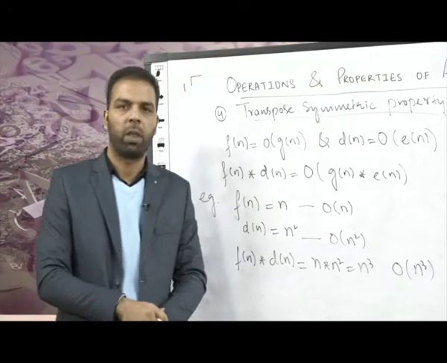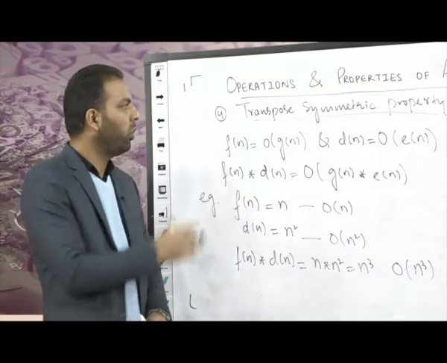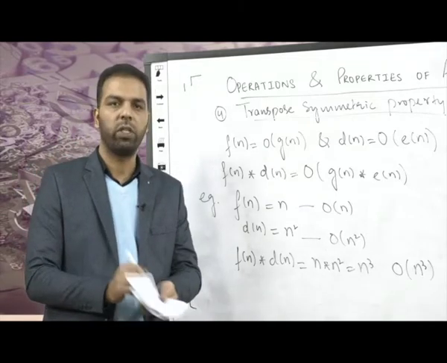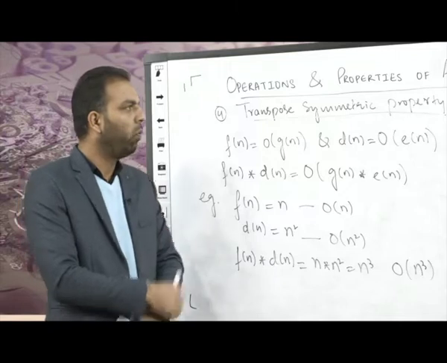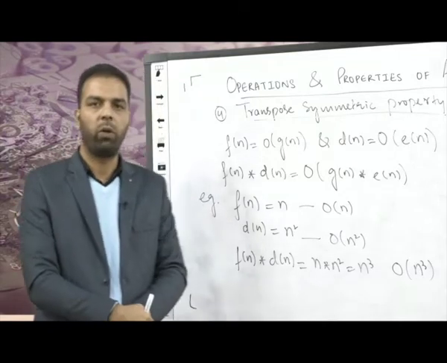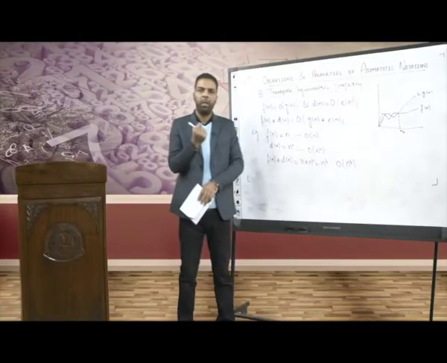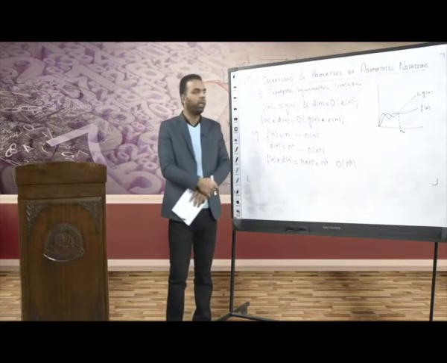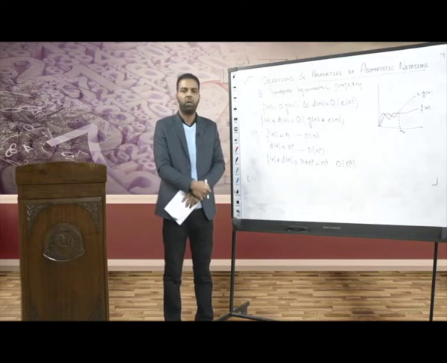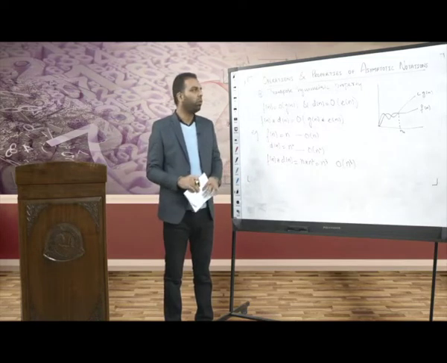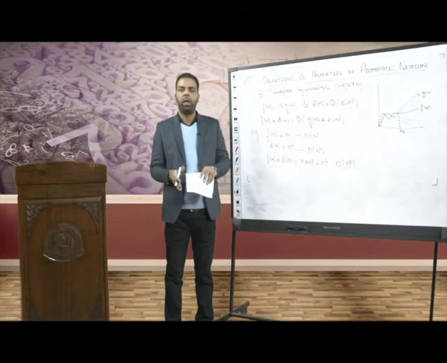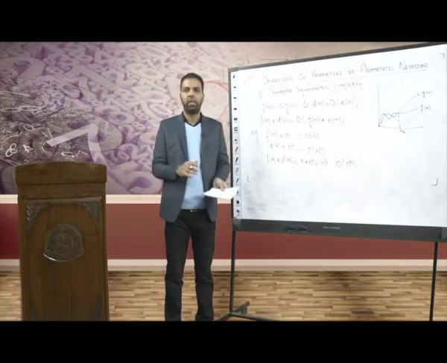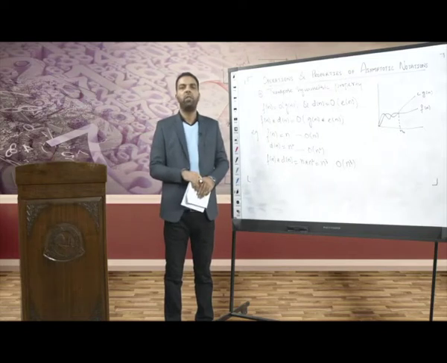Fine. So this finishes the properties of your asymptotic notations. And before winding up these asymptotic notations, there is one big confusion that exists among students. We oftentimes confuse your upper bound, lower bound, and tight bound with the best case, worst case, and average case complexity, which is not the case.